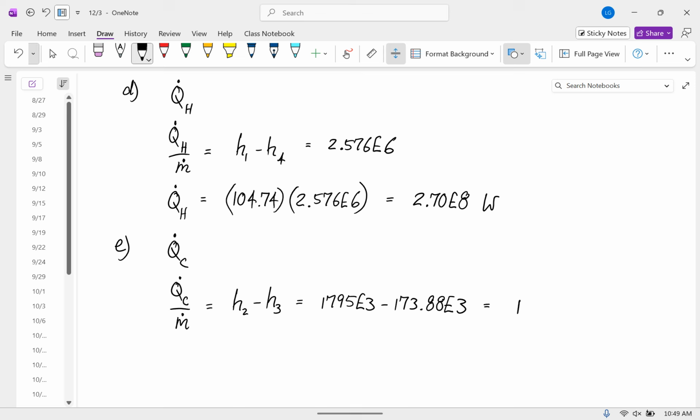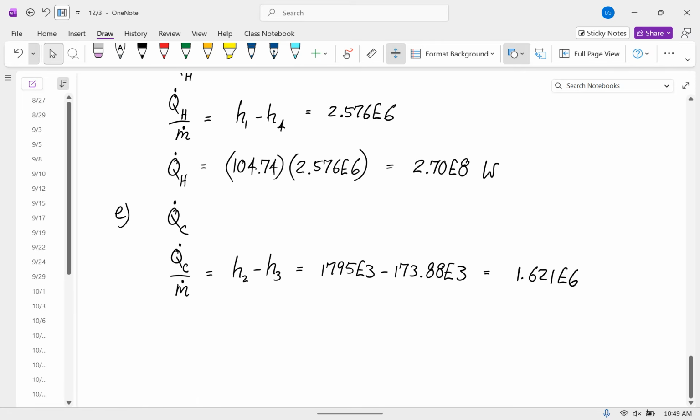So that is 1.621 times 10 to the 6. And so the rate of heat transfer out of the working fluid at the condenser is 104.74 times 1.621 times 10 to the 6.